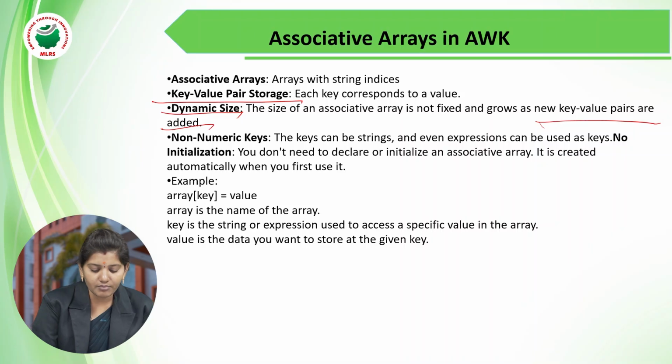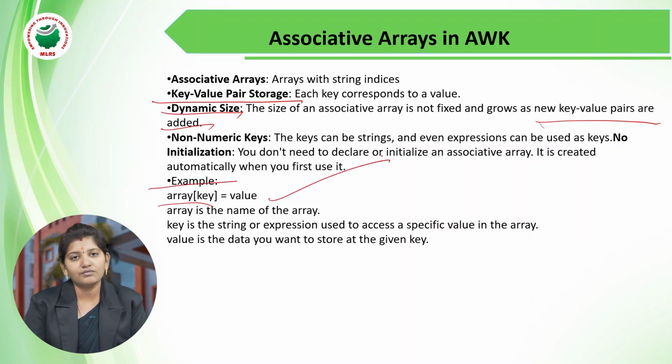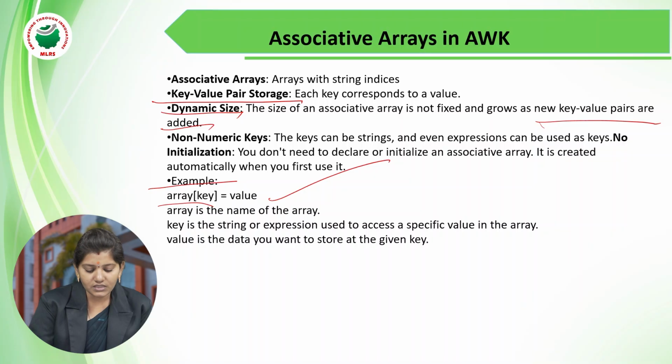Coming to the example, array[key] = value. Here we need not assign a value separately; it accesses it itself. Here array is the name of the array, and key is the string or expression that is used to access a specific value in an array.